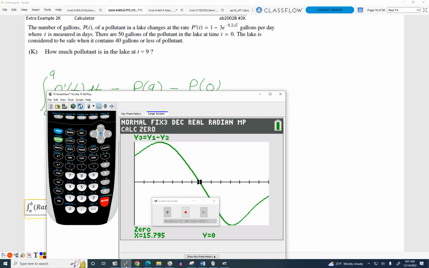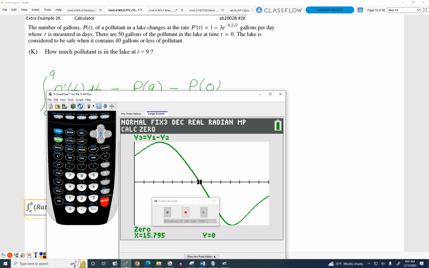I need to integrate P prime, which is y1. Takes a minute. This is a more complex computation, so it takes longer. 9285.